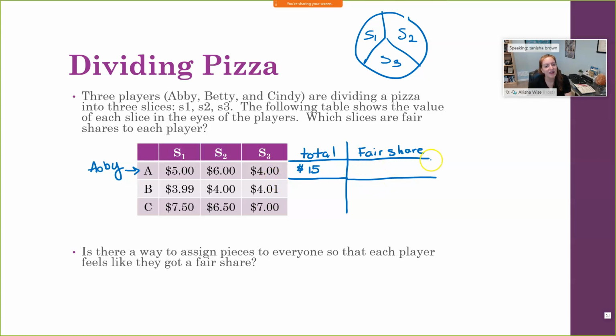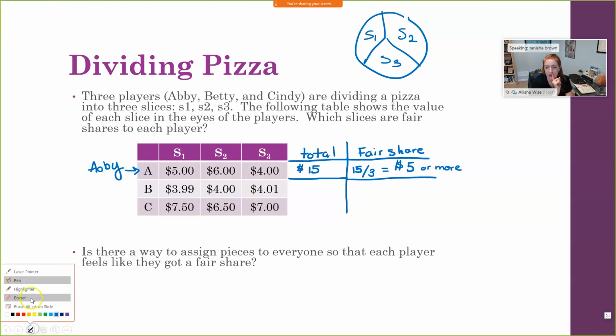To find a fair share, you need to take that total and divide it by the number of slices. There's 3 slices here, so we're going to divide it by 3. So for Abby, a fair share would be $5 or more. So what were the fair shares again?